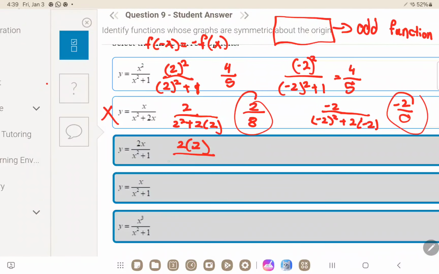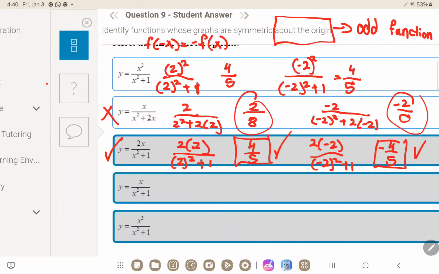Now here, you can choose any number, by the way. The number you put here doesn't have to be 2, but I find 2 to be the easiest to use. 2 into 2 over 2 squared plus 1, you're going to get 4 over 5. Now if we put negative 2, so 2 into negative 2 over negative 2 squared plus 1, you're going to get negative 4 over 5. Are these the same answer but different signs? Yes.